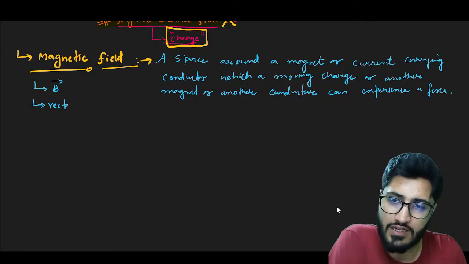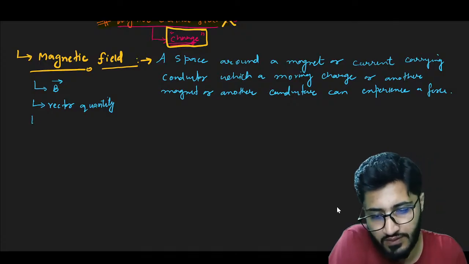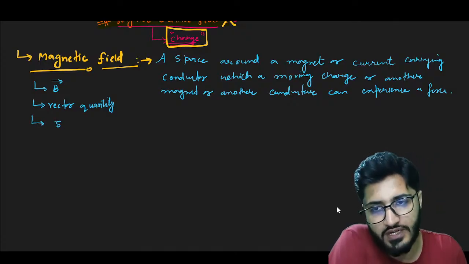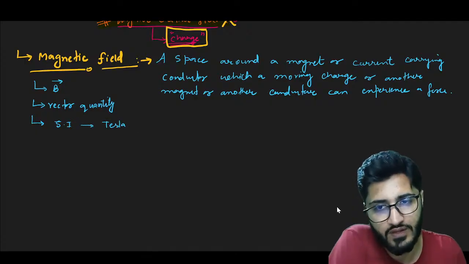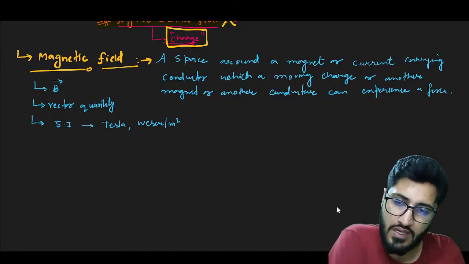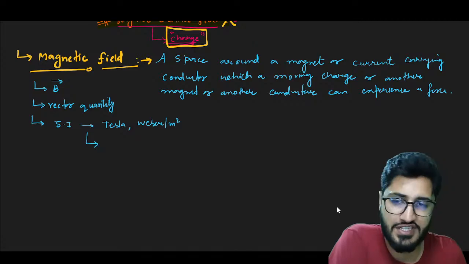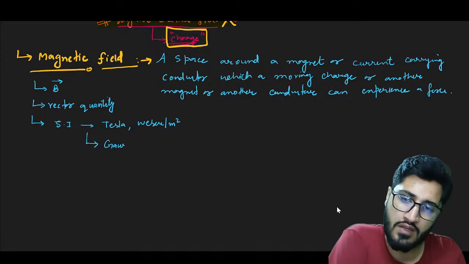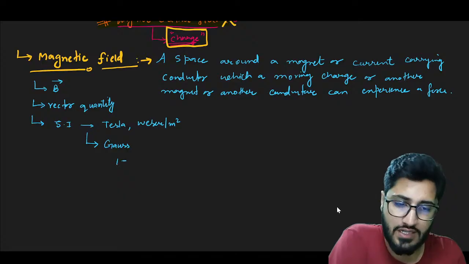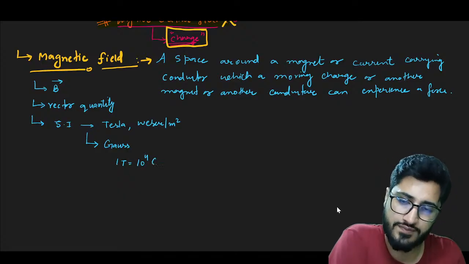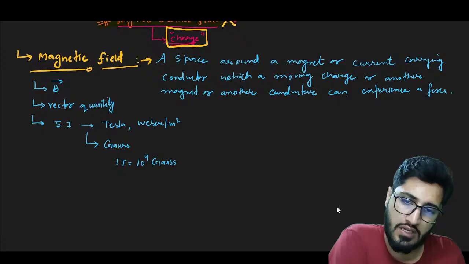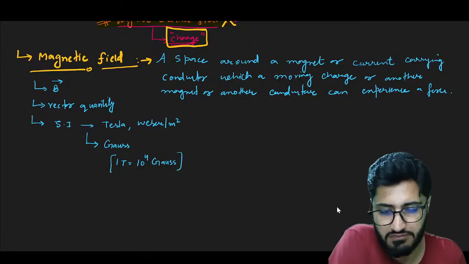Magnetic field is a vector quantity. To measure it, the SI unit is Tesla or Weber per meter square. In the CGS system, we have Gauss. You can write 1 Tesla equals 10 to the power 4 Gauss. Conversion thing.